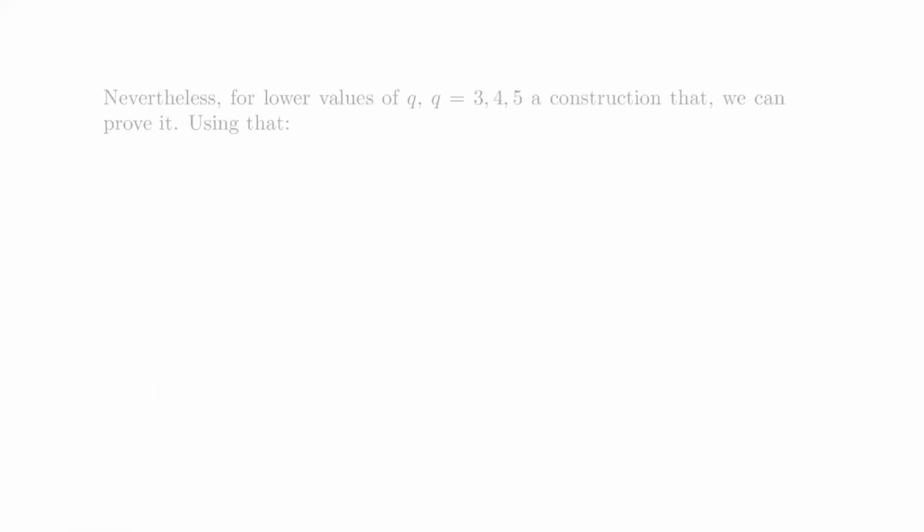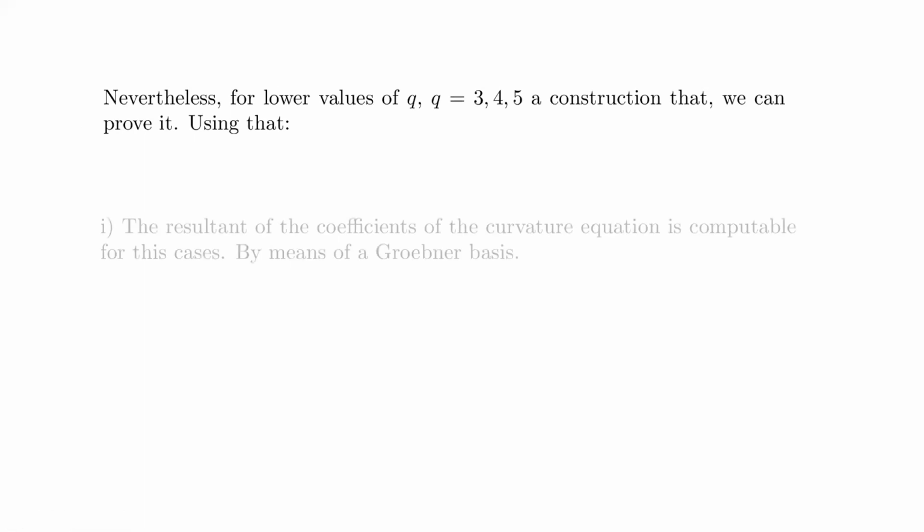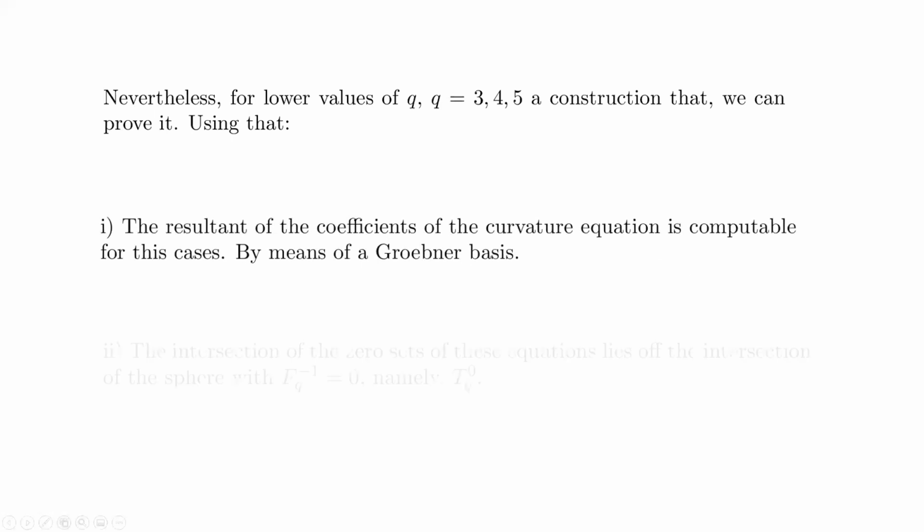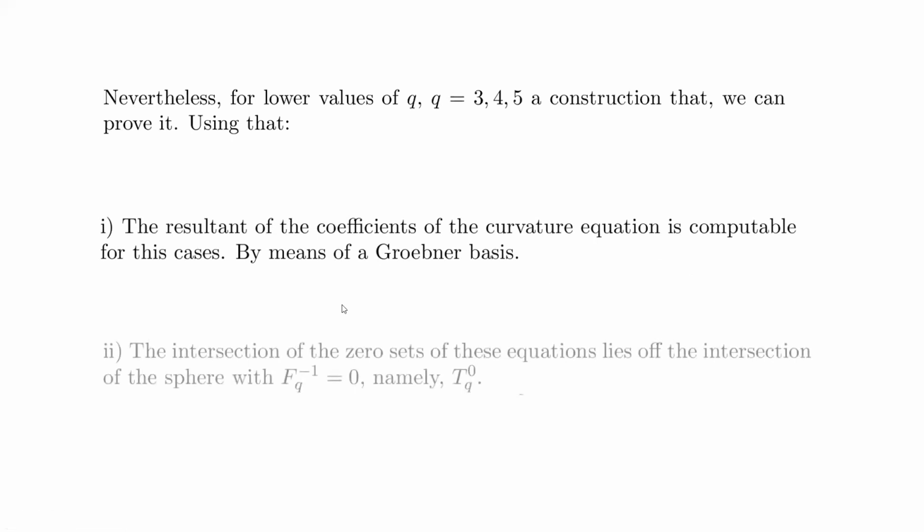Nevertheless, to conclude, I show you that for the cases Q equal 3, 4, 5, which are the double torus, the triple torus, and the torus of degree 4 of genus 4, using computable coefficients of the equation and applying Gröbner bases, we can prove the uniqueness. The intersection of the zero sets of the coefficients of the equation of curvature can be computed and shows that there are no more umbilics. So the structure of the foliation is given by the main theorem.